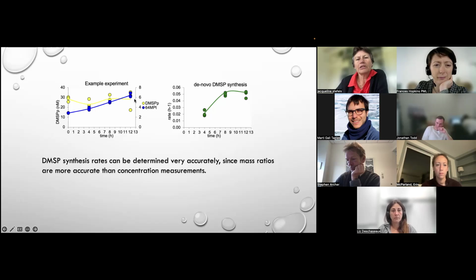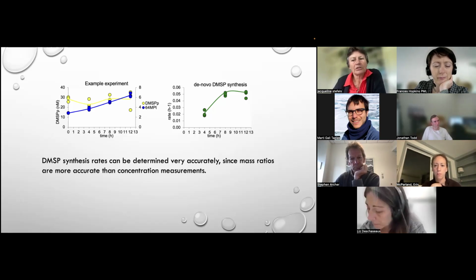With these ratios, you can calculate for each section of the period how much the growth was. So DMSP synthesis rates can be determined very accurately, since mass ratios are more accurate than concentration measurements.